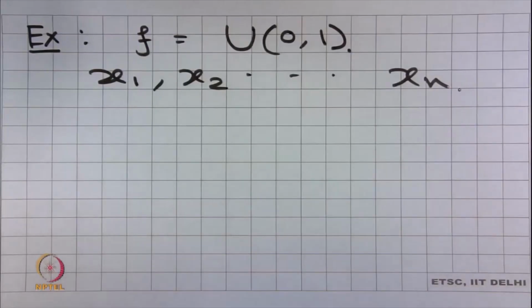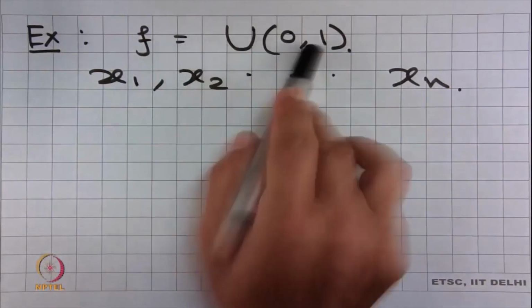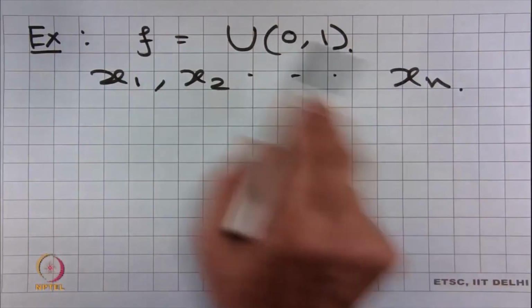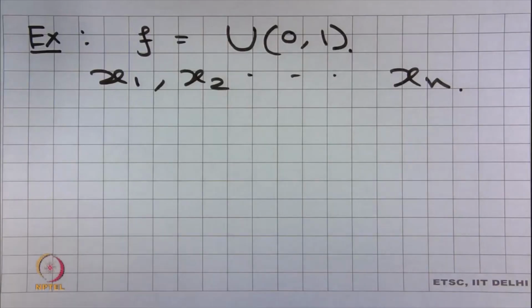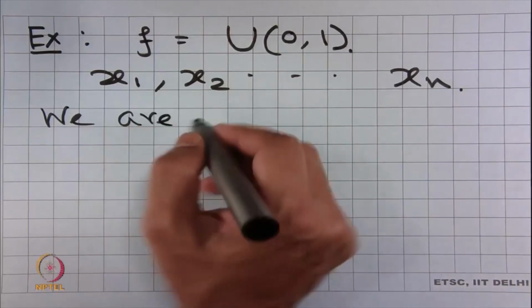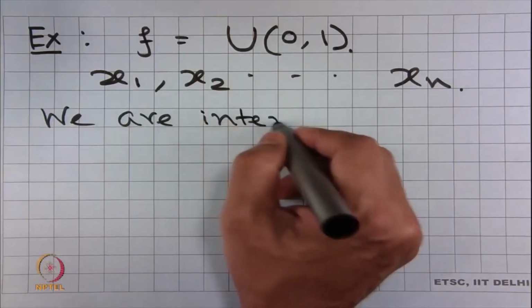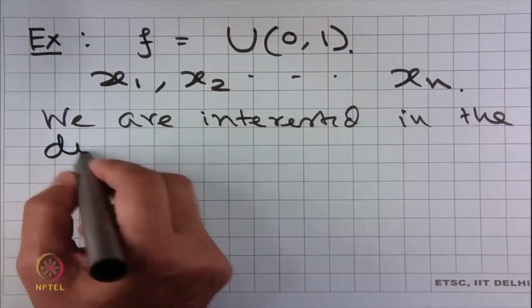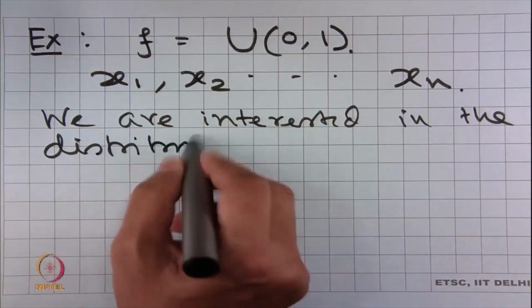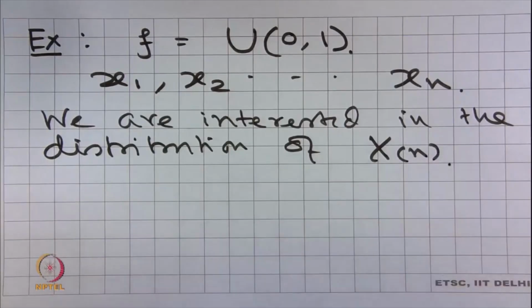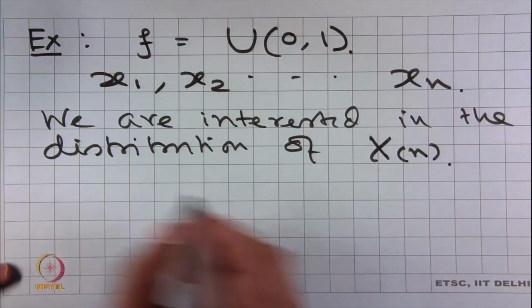So, let us consider the uniform 0 1 distribution, and we have observed n samples from this distribution. Suppose we are interested in the distribution of Xn, the nth order statistic.